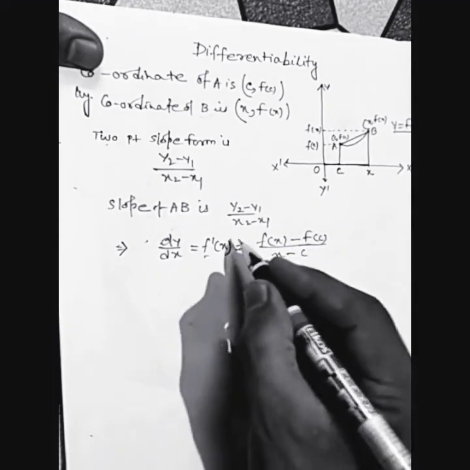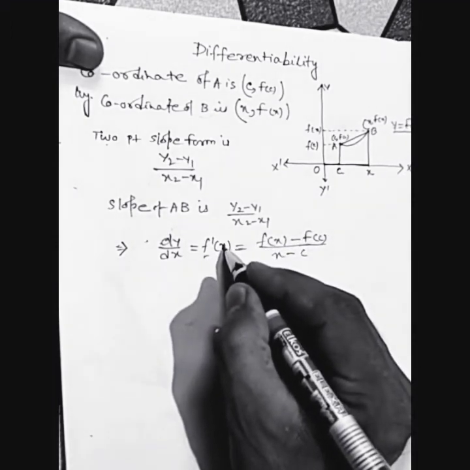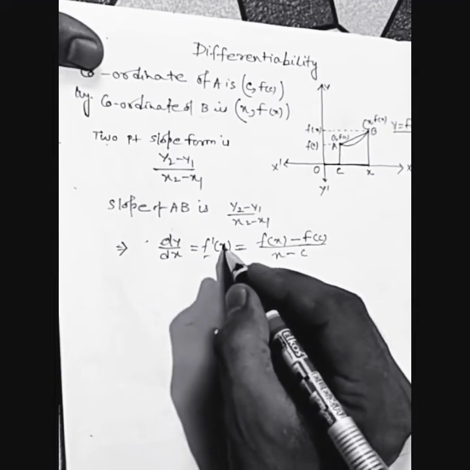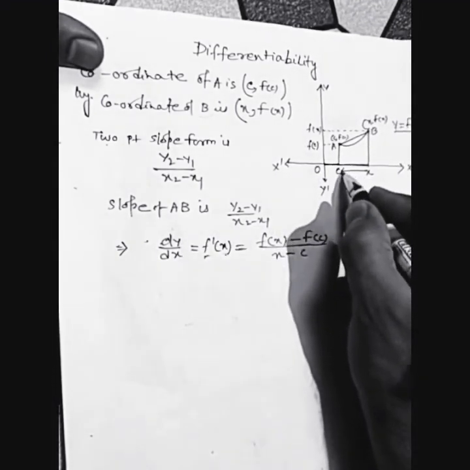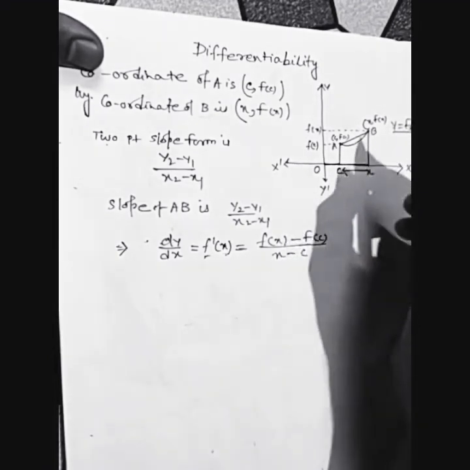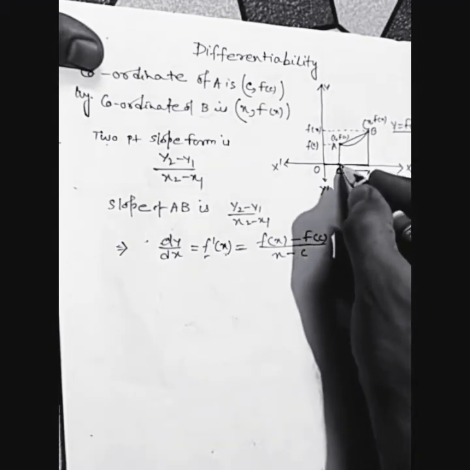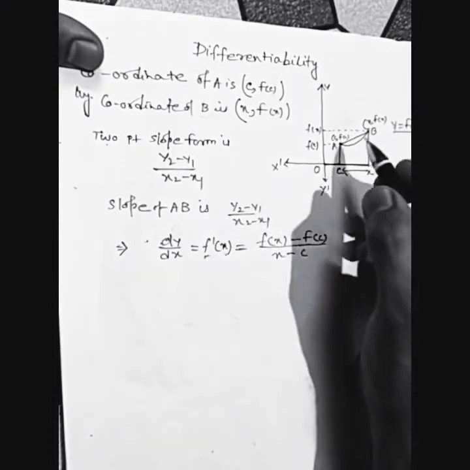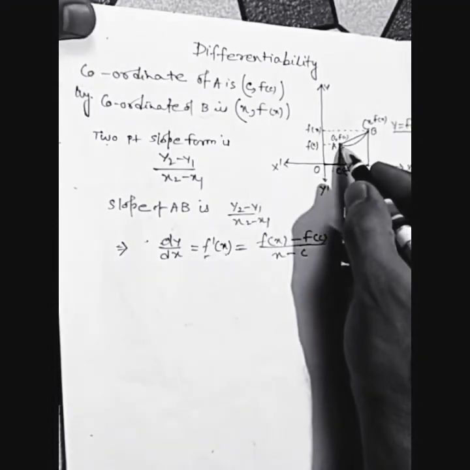Okay, now see why I have written this. You can write it as f of x. Next, see, when x tends to c, meaning this point is coming towards this point. When the curve is smaller, you can take it as a single point.